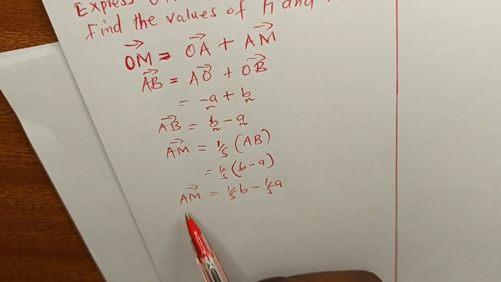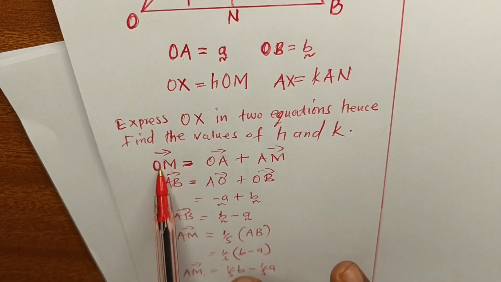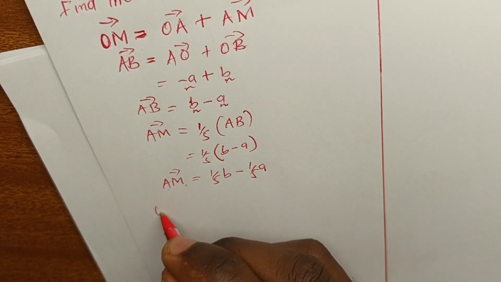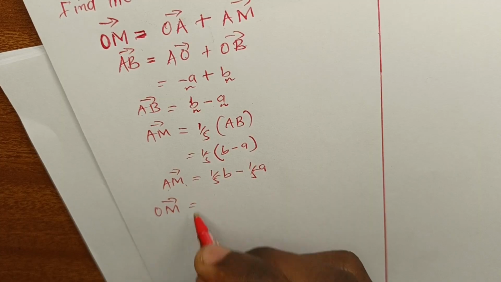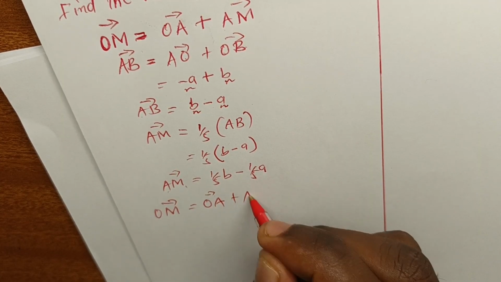Now having AM, I can easily find OM, whereby we've said that OM is equal to OA plus AM.